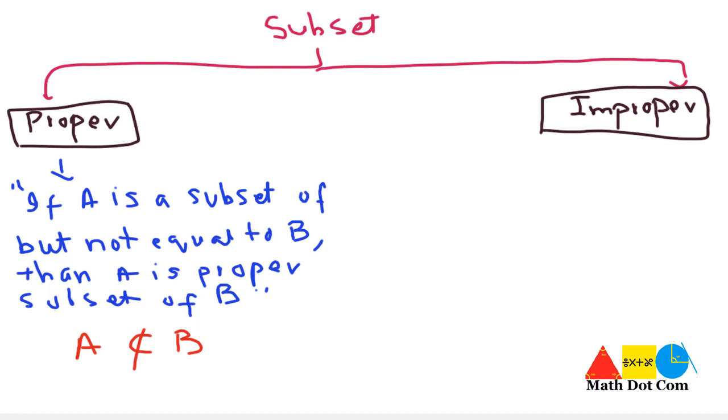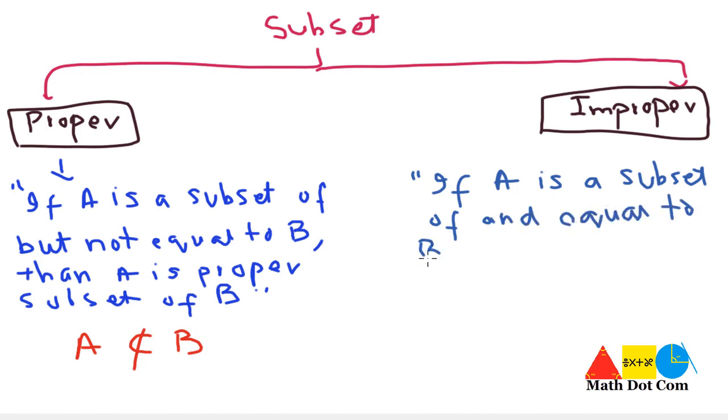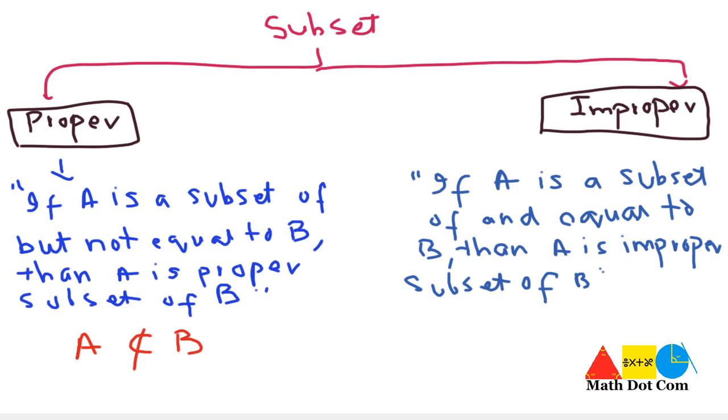Then we have the improper subset. If A is a subset of and equal to B, then A is an improper subset of B. And what is its notation?